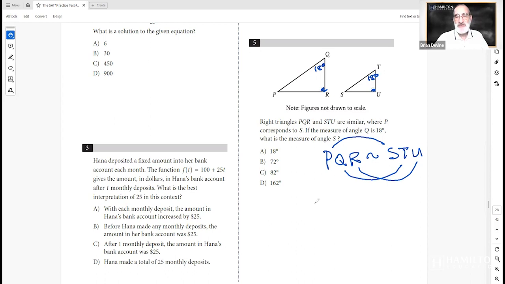And so the measure of angle S is the same as the measure of angle P. These two have to be congruent because they're similar. And in similar figures, corresponding angles are the same measure or congruent. So the measure of angle S has to equal 90 minus 18, as we said before, which is 72 degrees. So B is the correct answer.